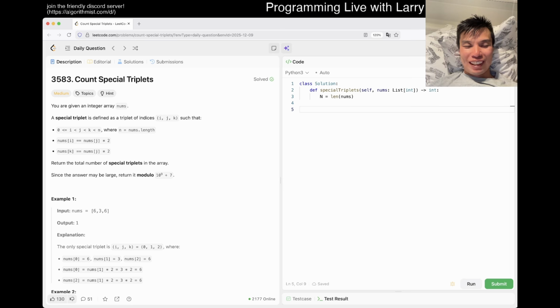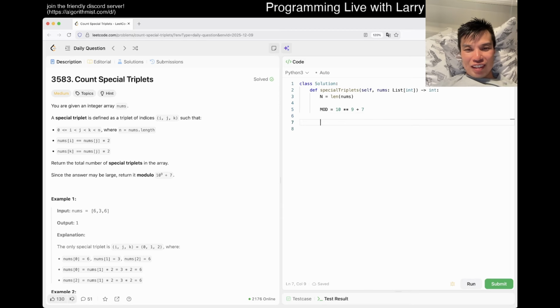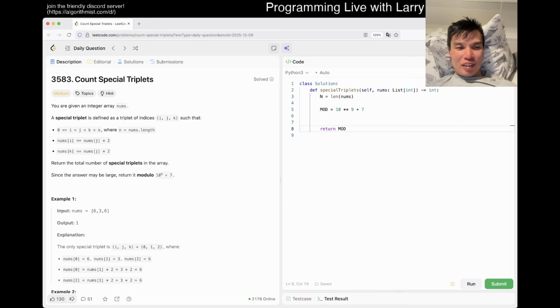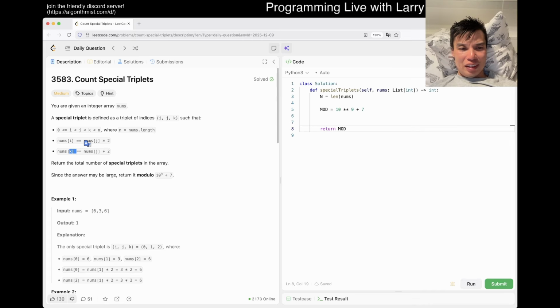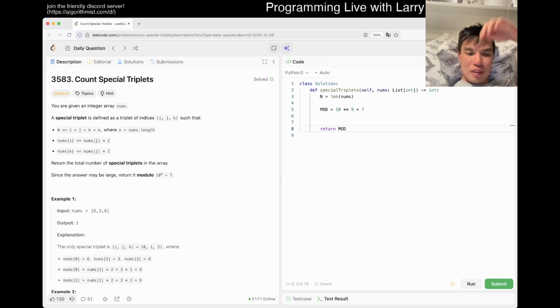A special triplet is defined as a triplet of indices i, j, and k, such that nums[i] is equal to nums[j] times 2, and nums[k] is equal to nums[j] times 2. That means that nums[i] is equal to nums[k], right? Okay, that's kind of an awkward thing. Also, you have to return the answer mod 10^9+7, before we forget.